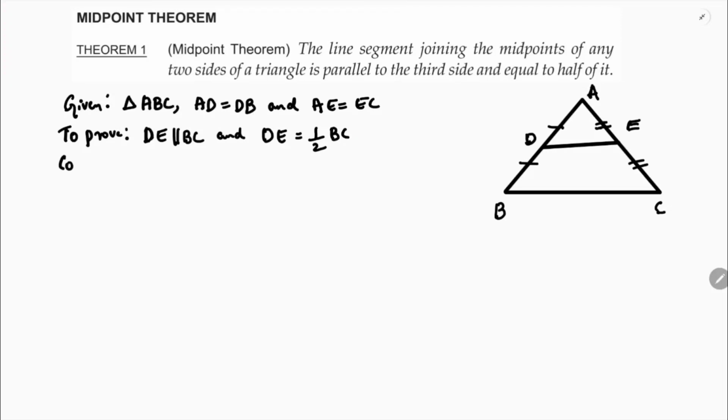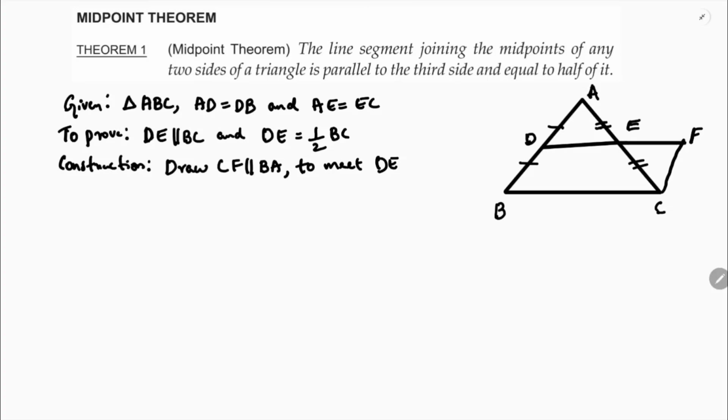Now see, for this, the construction is: draw CF parallel to BA, to meet DE produced at F. So this is parallel to this BA.